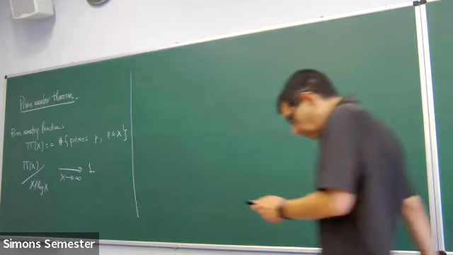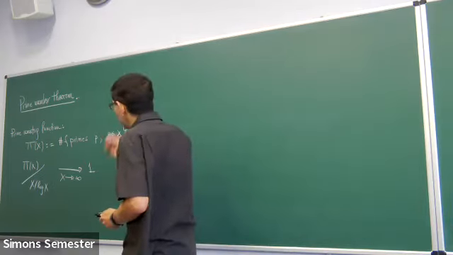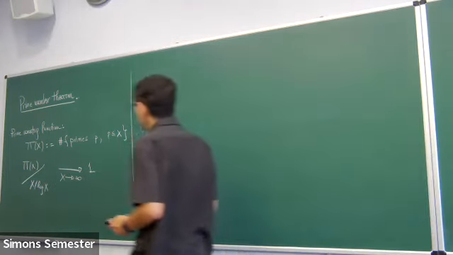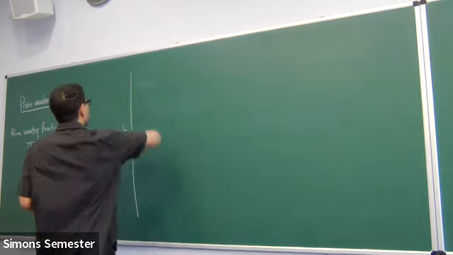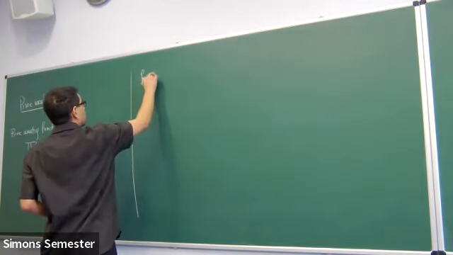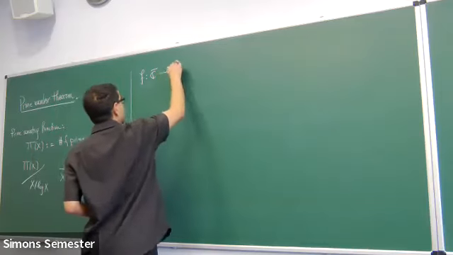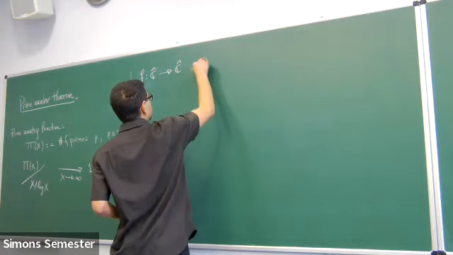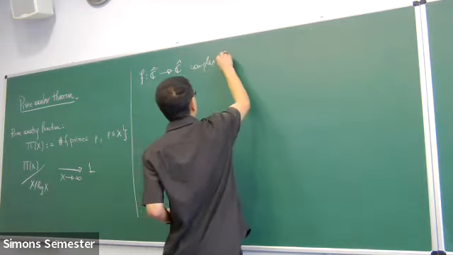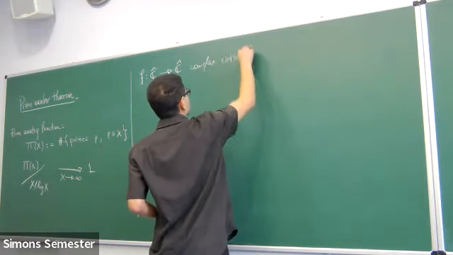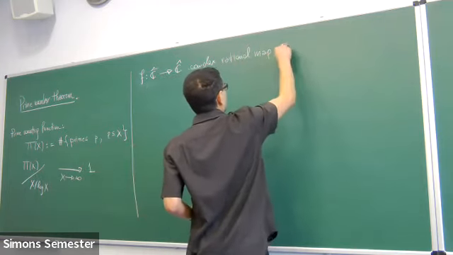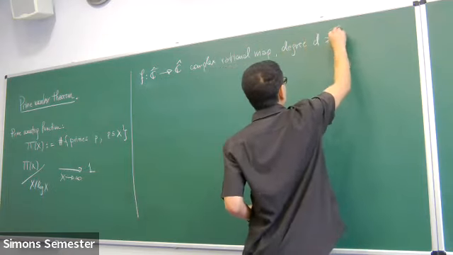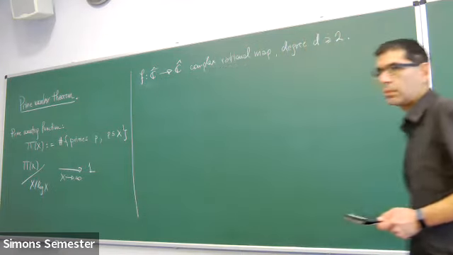But let me first state the analogous version of this in the case of a rational map. So let's fix a complex rational map acting on the Riemann sphere. And I want to assume here that the degree is at least 2.